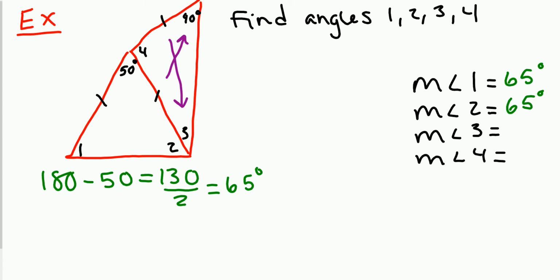So if this is 40 degrees, that means that angle 3 also has to be 40 degrees. Well, if we know those two, 40 plus 40 is 80, so angle 4 has to be 180 minus 80, which would be 100 degrees.